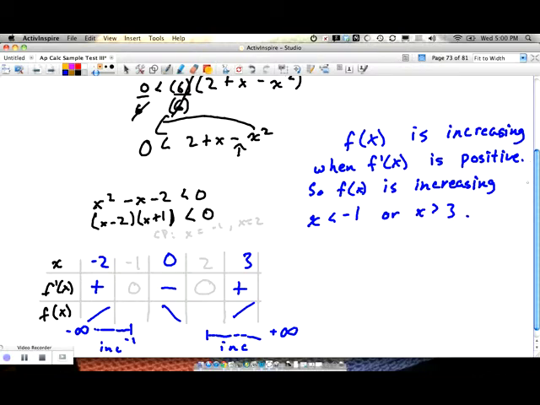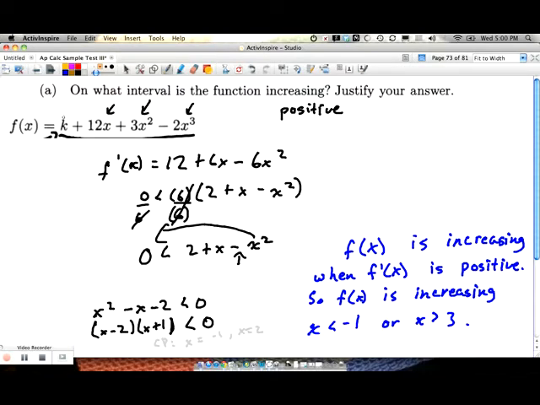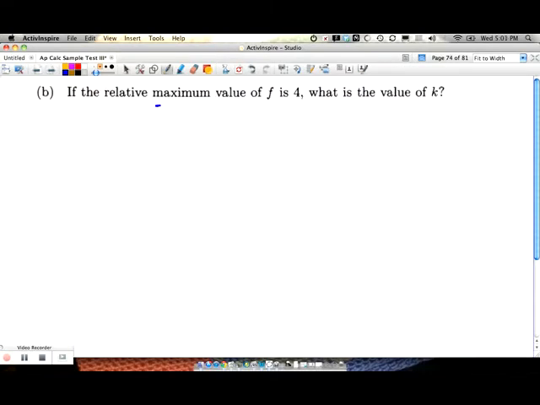It says the relative maximum value of f is 4. So I can still use that stuff that I was looking at. I was looking at f prime and f, and then the original function. So we said that it was increasing, then decreasing, then increasing, and this point was our first critical point, which is at -1. So at -1 we have a max. x equals -1 is where our maximum value is.